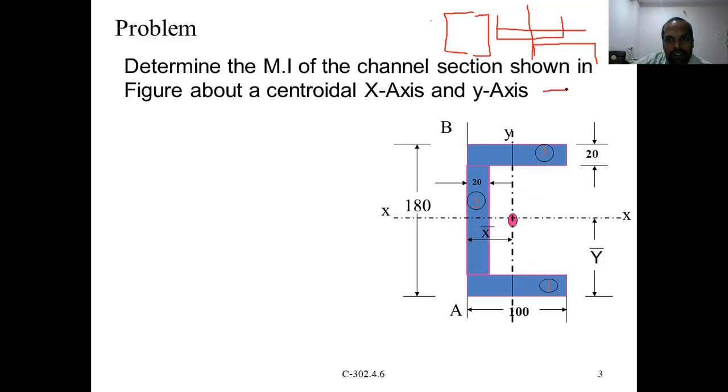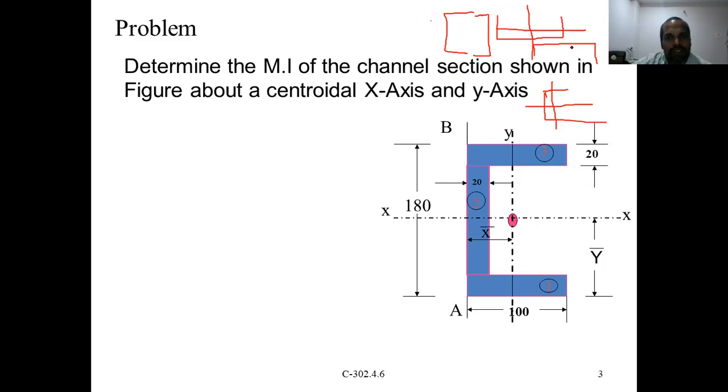Let us say one flange is like this, and the other is this much length. The flange sizes are different. In this case, if this is the x-axis, the area is more on this side and less on that side, so it is unsymmetrical even about the x-axis. And of course, about the y-axis it is always unsymmetrical for this orientation. So different possibilities are there for channel sections.